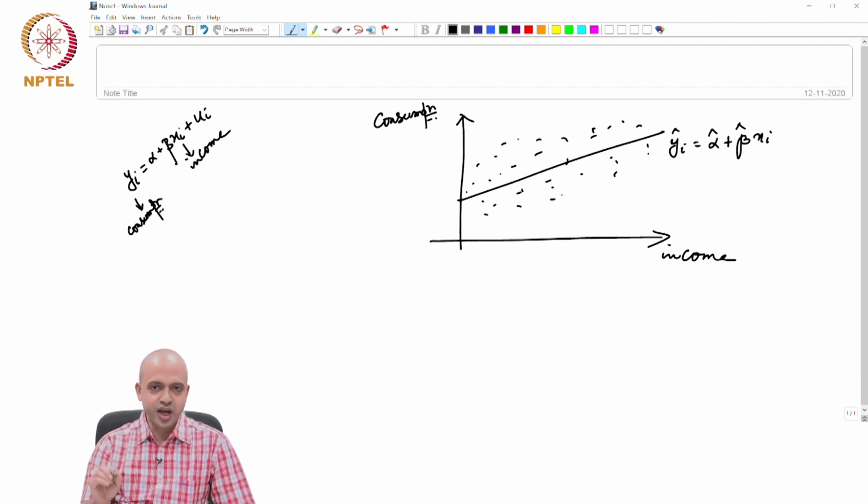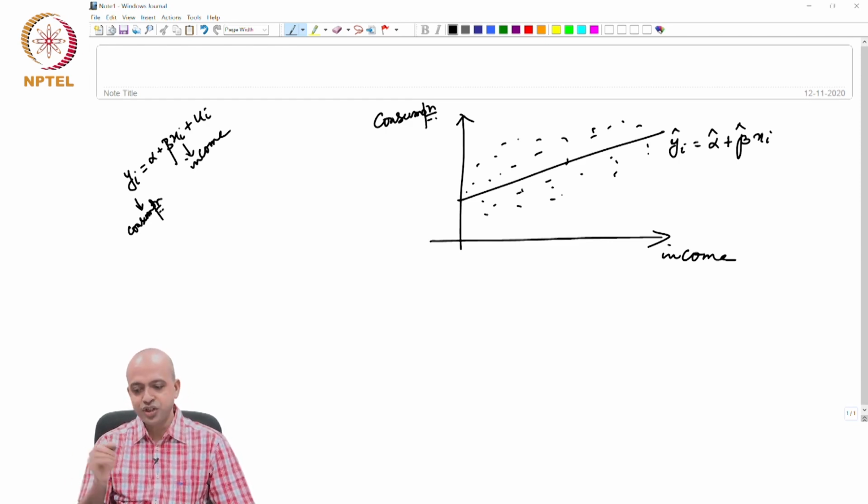How good is this line to represent the sample that you have collected? So, that means after estimating the regression line, regression function or sample regression function, we must know what is the goodness of fit. That means how good is this line to represent your data, okay, to represent your data.